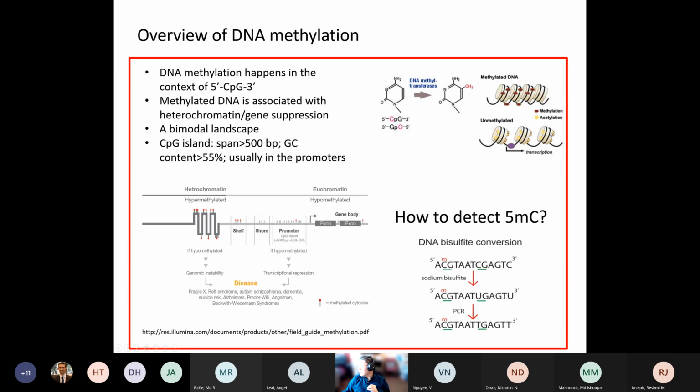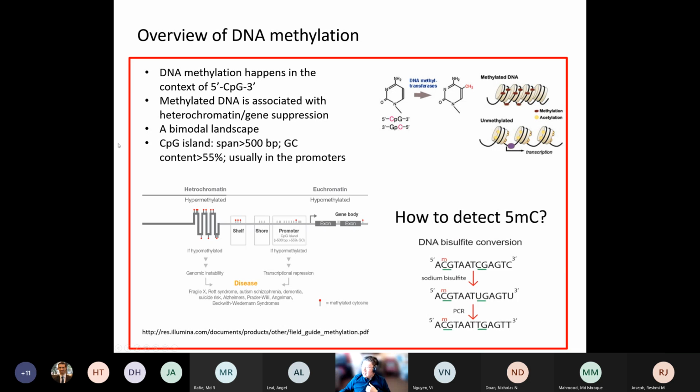Unmethylated DNA is related to relaxed DNA sequence, relaxed chromatin. That's a very general summary of the principle. If you were talking about individual cases, it may not be true. Generally speaking, methylation is associated with heterochromatin or gene suppression, packed chromatin.